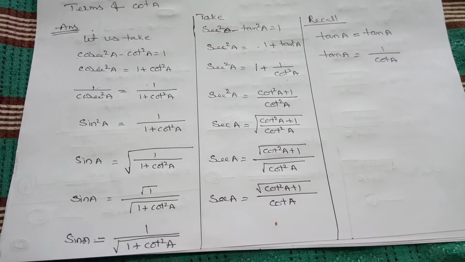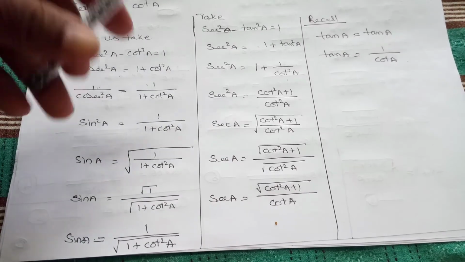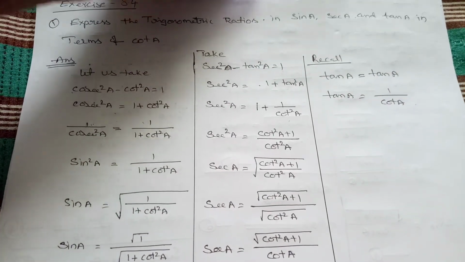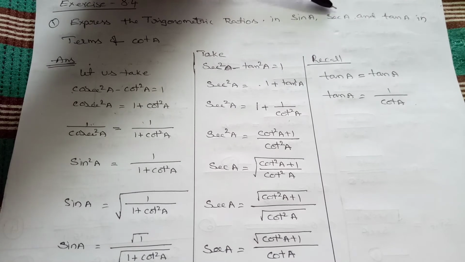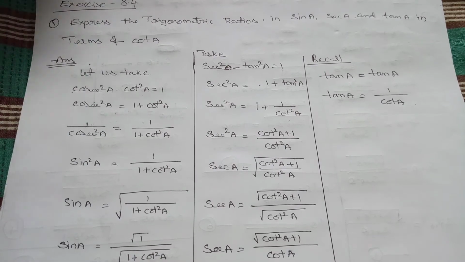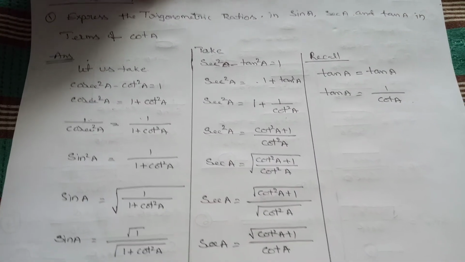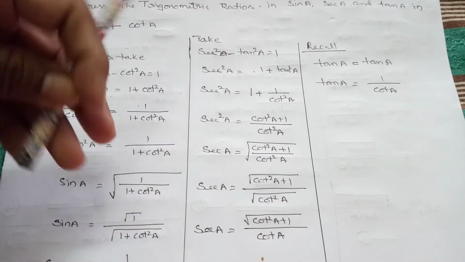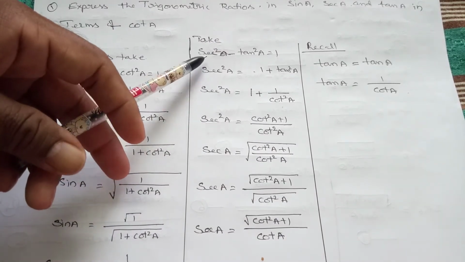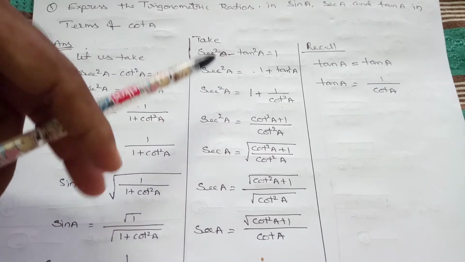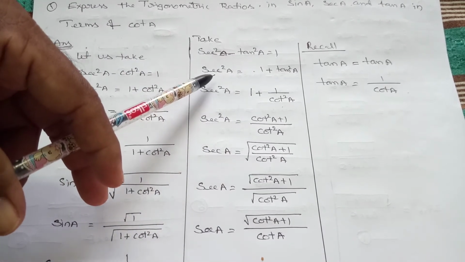Okay, let us see the second one. Now the second one is about secant theta. We should show secant theta in terms of cot theta. You have to take secant square A minus tan square A is equal to 1. Second identity.